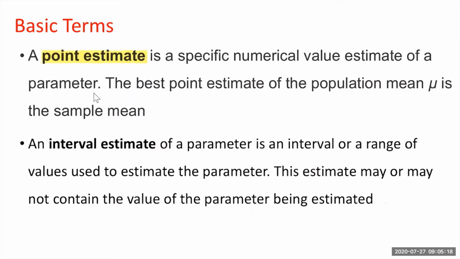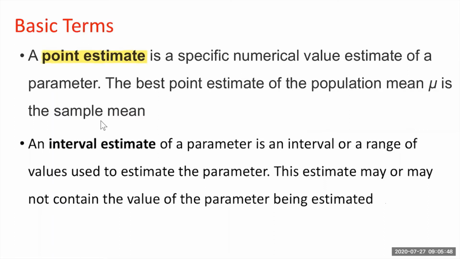So if we want to know about the population, say for example, I want to know the average GPA of all students at CCA, it is impossible for me to get the data of each student. So what I'll do is, I'll take a sample, and then from that sample, I'm going to find the average.